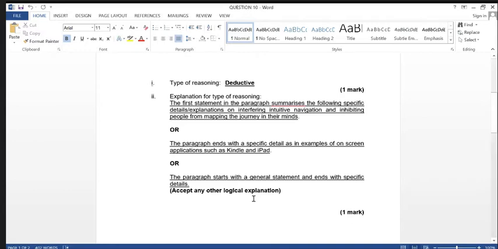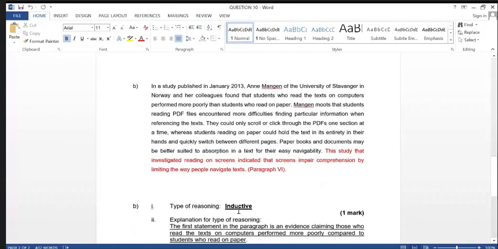Half a mark, the power of half mark. Alright, so do not underestimate that. So aim to get 1 mark and not half mark. But if you do not have enough time and you do not think you can do it, then at least write this kind of explanation for deductive. The second paragraph is inductive.